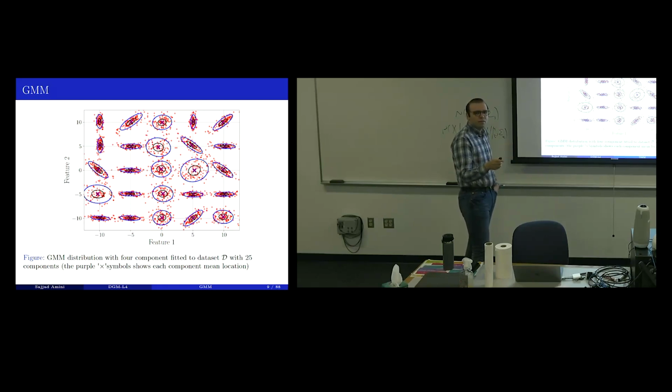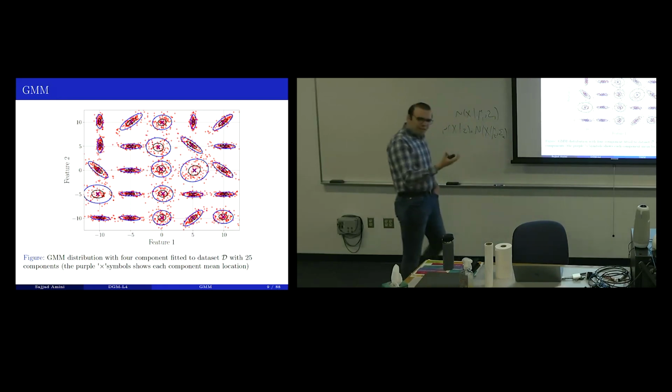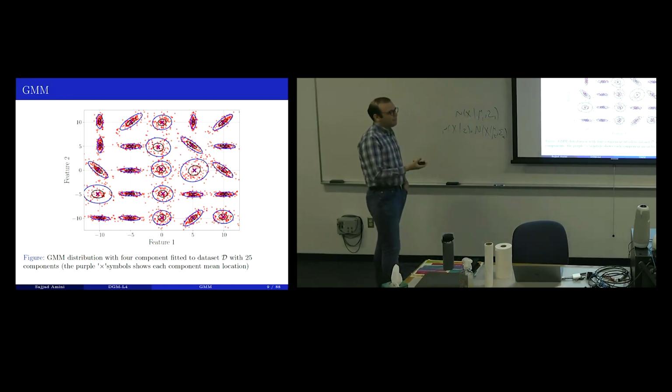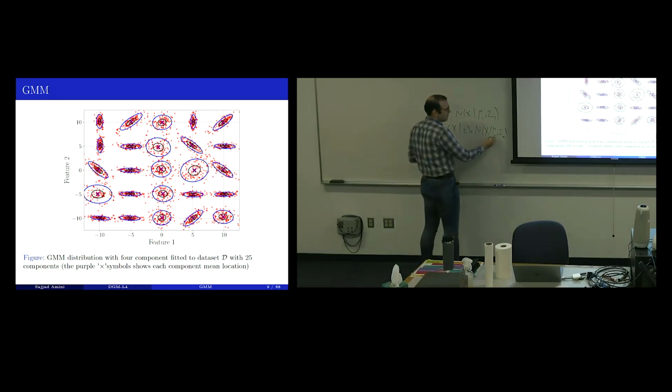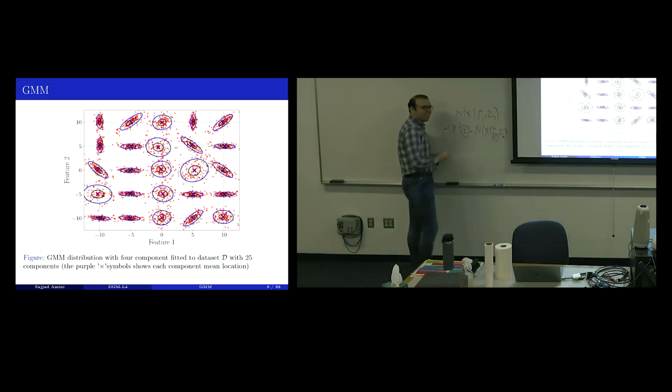Here it is 25 components. Everything seems simple, but the most important point is that you do not have access to Z. Z is very, very challenging here. What is Z? How can I select Z?